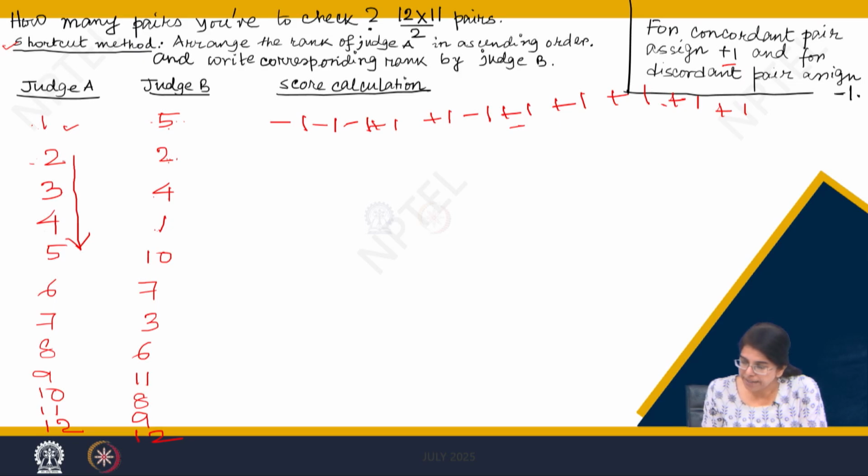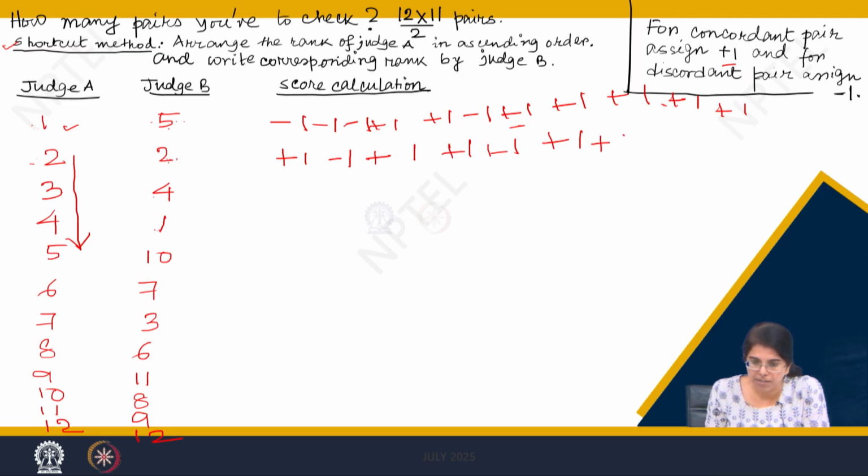So therefore let me write plus 1, minus 1, plus 1, plus 1, plus 1, plus 1, plus 1, and plus 1, and plus 1. I might be wrong in some calculations, because I am doing it on the spot.